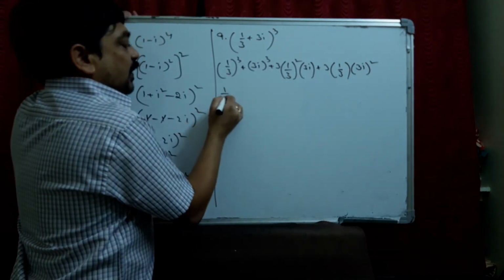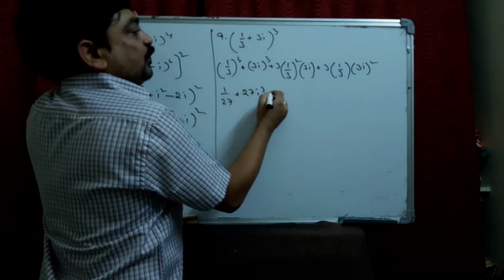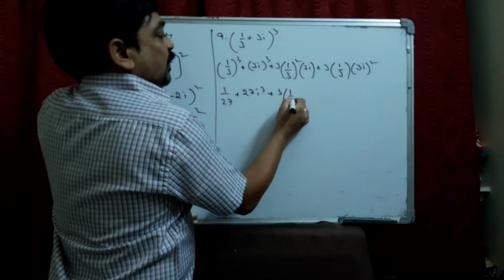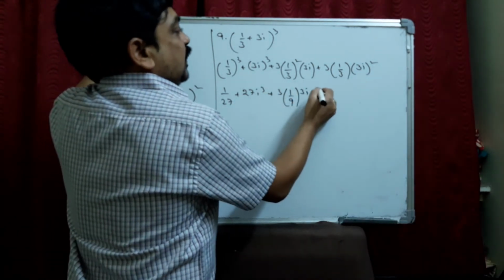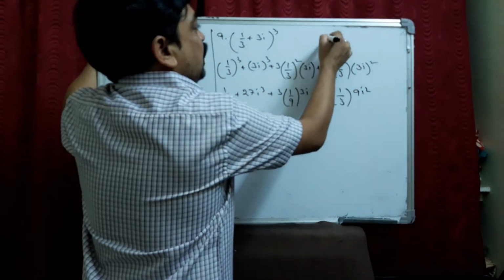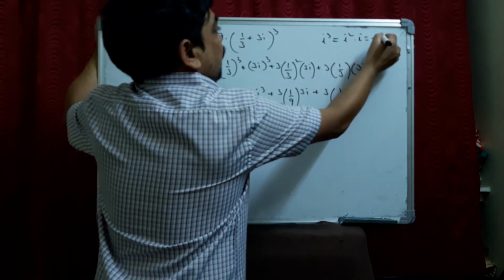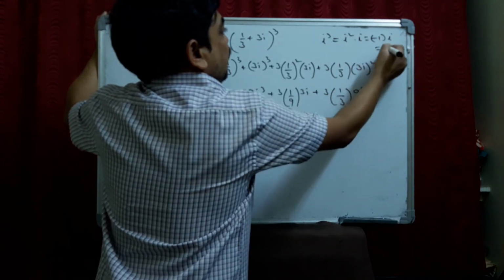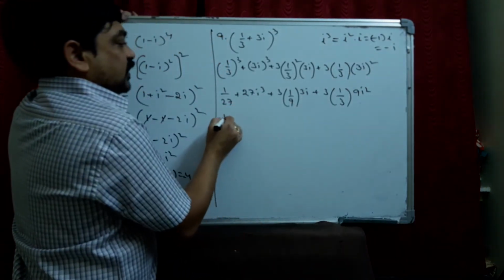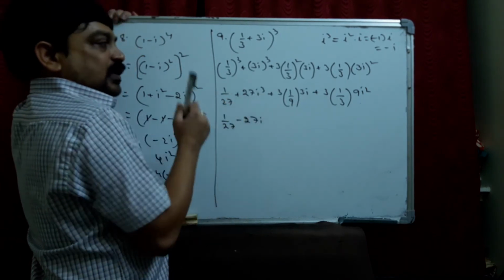Now it becomes 1 by 27, 3 cube is 27i cube plus 3 into 1 by 9 into 3i, 3 into 1 by 3 into 9i square. What is the value of i cube? I told you already. i square into i. It becomes minus 1 into i. It becomes minus i. Now let us write 1 by 27 minus 27i, because i cube is minus i.